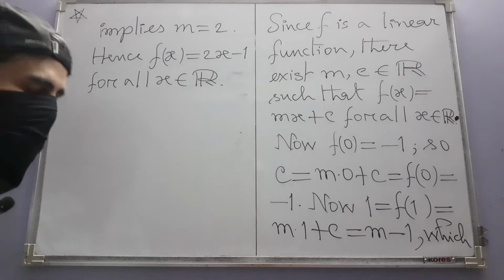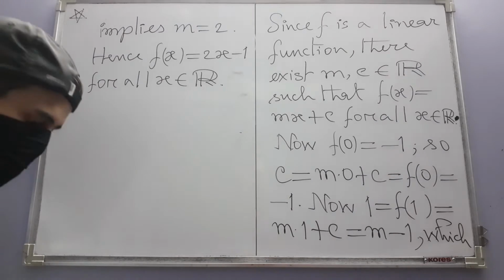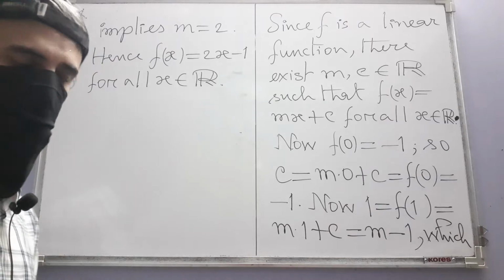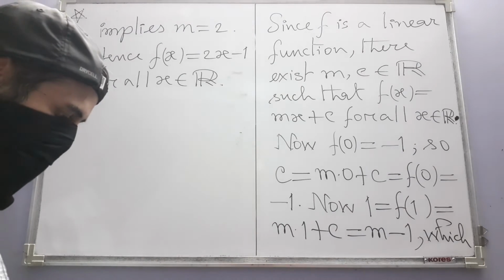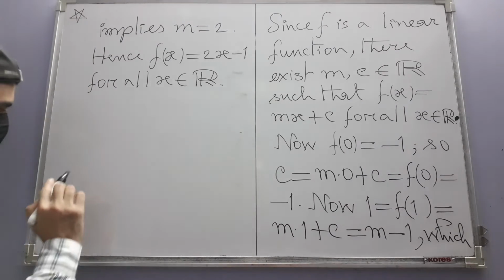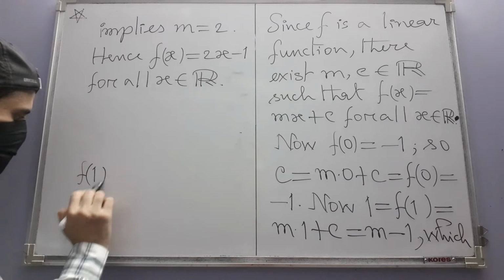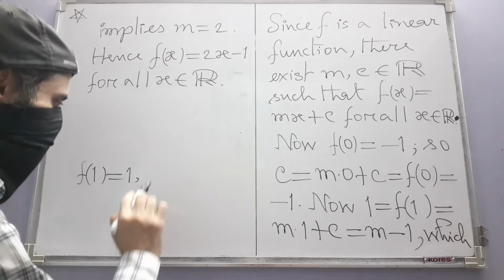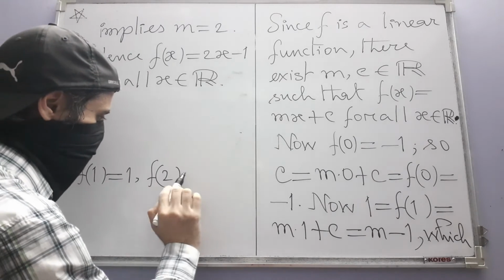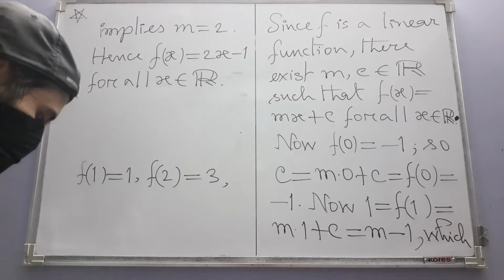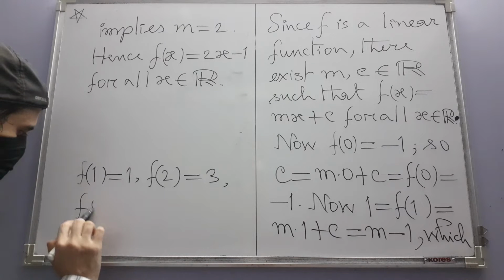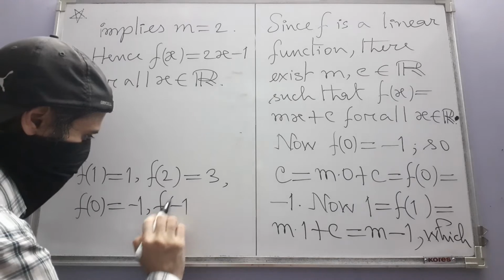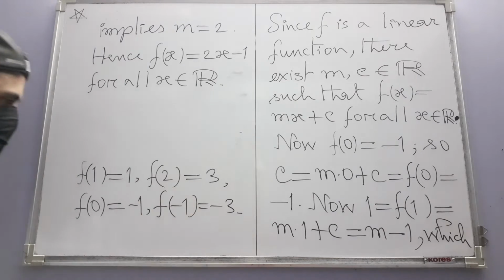Now, I just wanted to show you that the other pairs of numbers also satisfy this formula. That's why I wanted that formula. So, what are the things we had? We had f of 1 equal to 1, f of 2 was 3, f of 0 was minus 1, and finally we had this also.